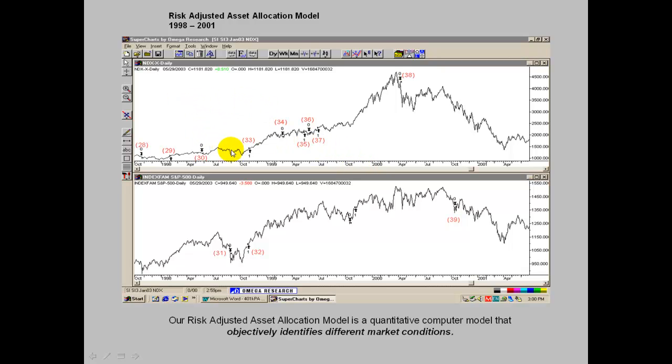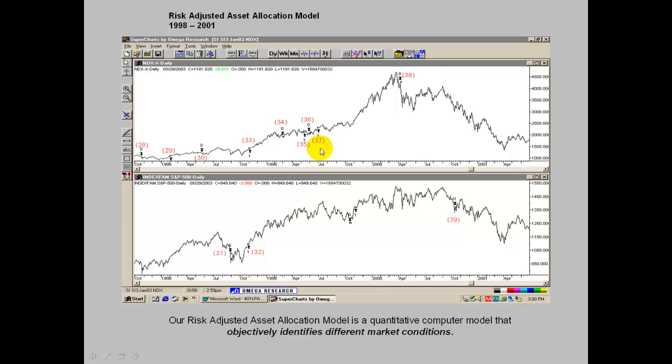In the upper panel, the data stream is for the NASDAQ 100 index, which is representative of large cap growth stocks. The data stream in the lower panel is for the S&P 500 index, which is representative of the broad market.